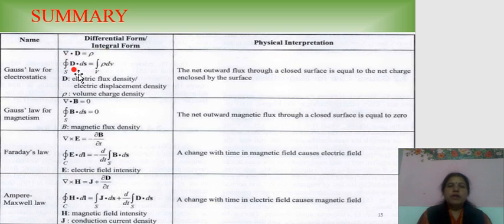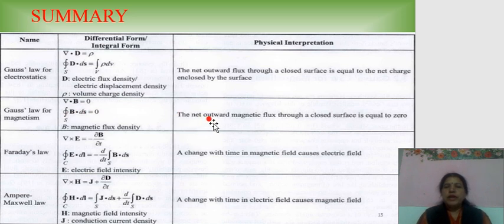This proves that the net outward flux through the closed surface is equal to the net charge enclosed by the surface. Maxwell's second equation: divergence of B equal to 0, and the closed surface integral of B into dS equal to 0. This explains that the net outward magnetic flux through a closed surface is equal to 0.